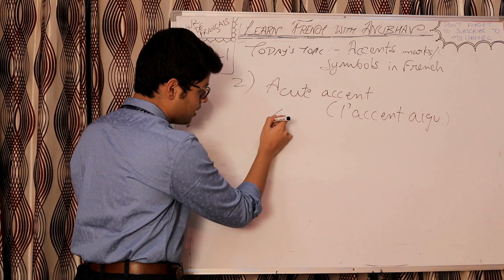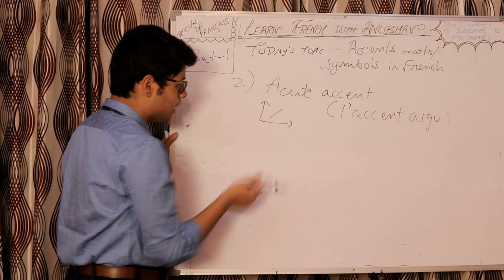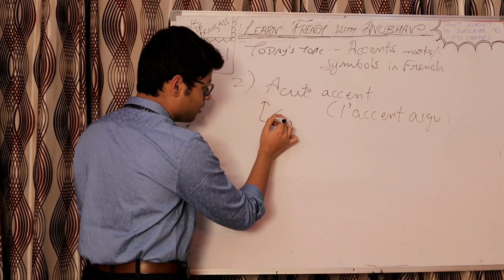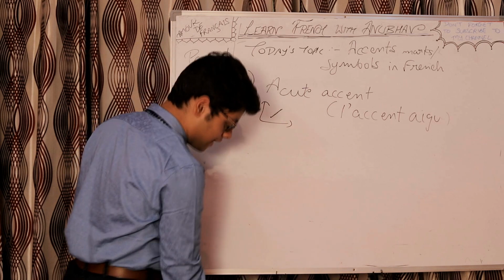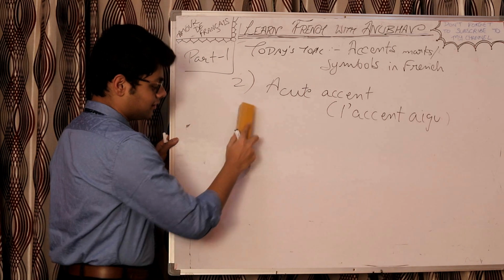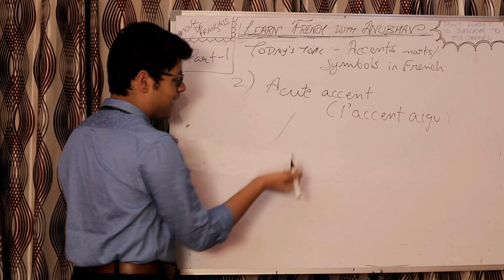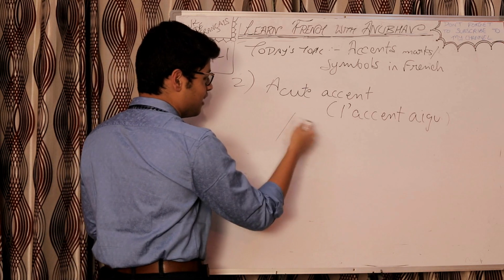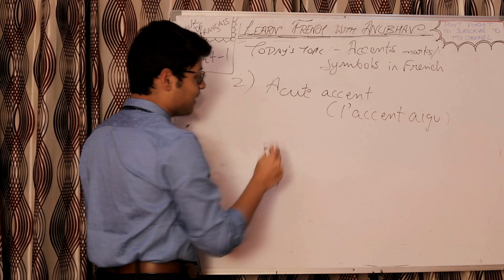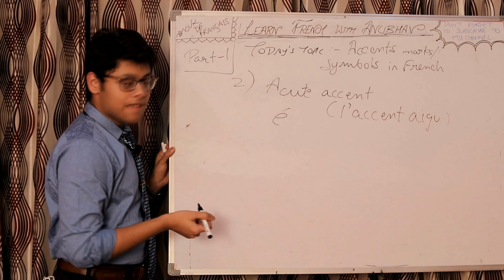You may define it as an upward sloping line, like if we draw a graph, like the supply curve we have, so it's that one. An upward sloping straight line, a small one. So like economics students can relate like this also. Like the supply curve is accent aigu. And accent aigu is put only above E.